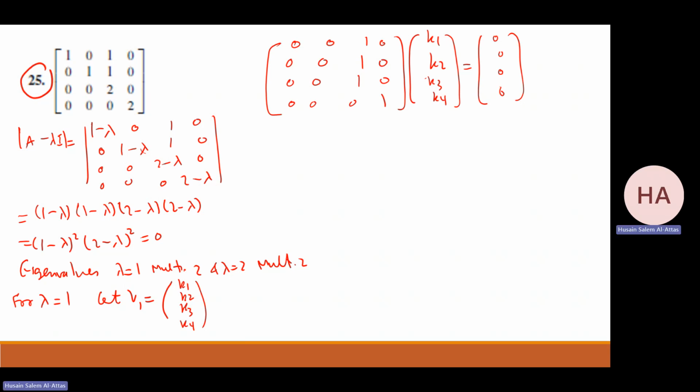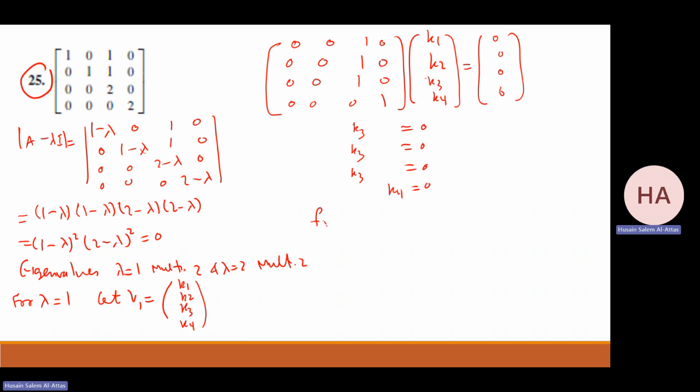This is what I have. So what we have exactly: K3 equals 0, then K4 equals 0.